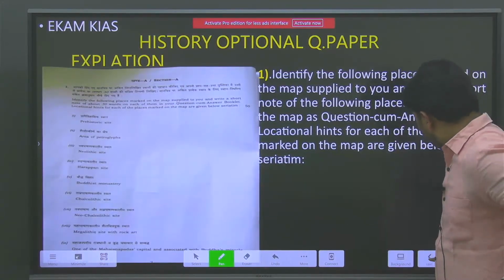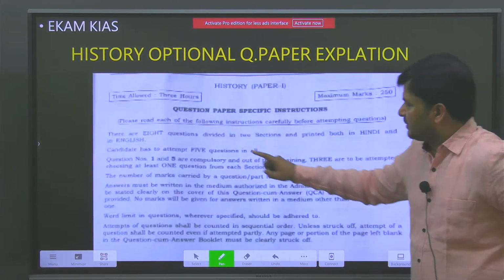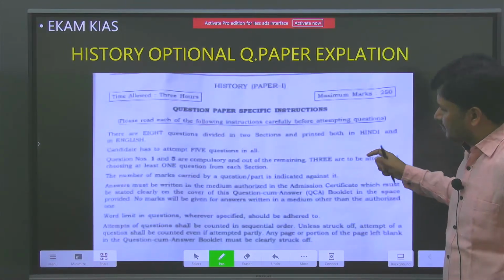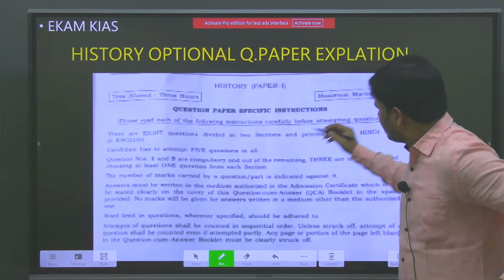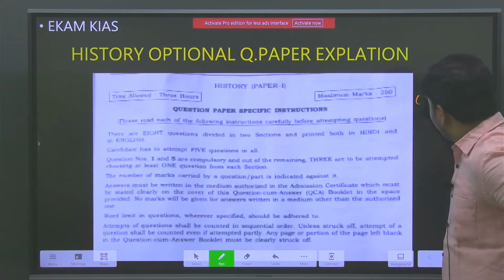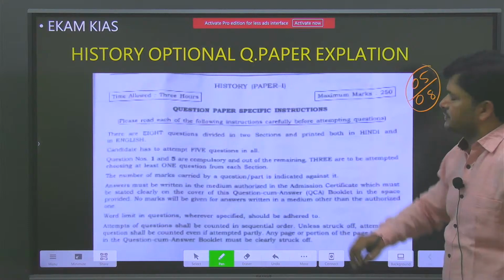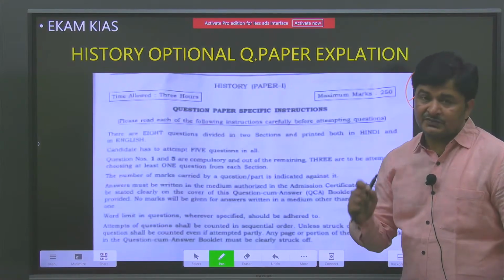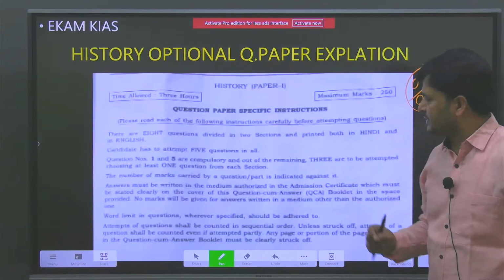When we understand the instructions in paper 1, there are 8 questions divided into 2 sections, printed in both Hindi and English. Candidates have to attempt 5 questions out of 8. This is the first instruction you shall keep in mind while writing an answer, especially in optional history.